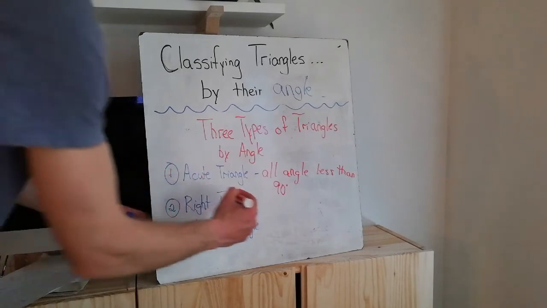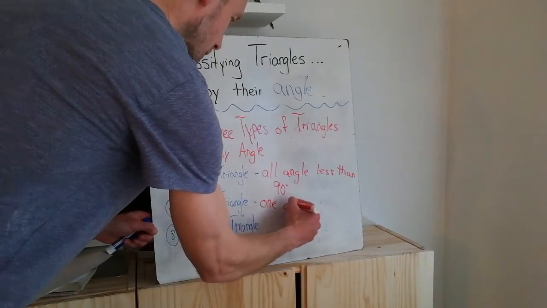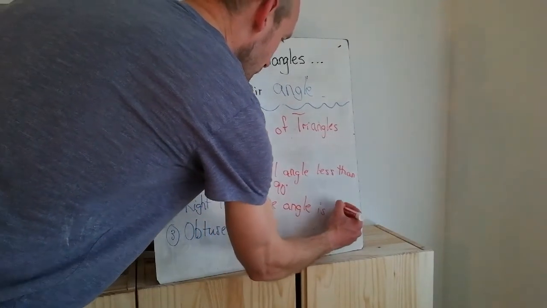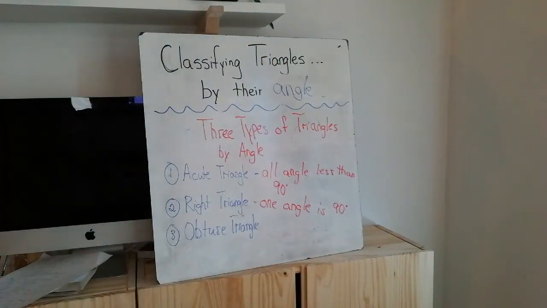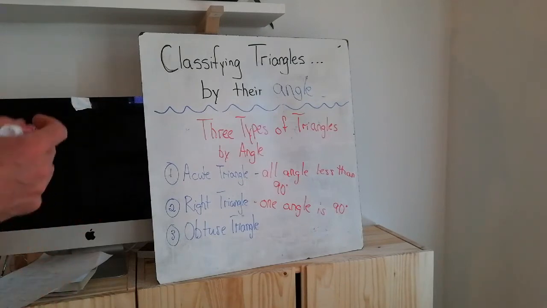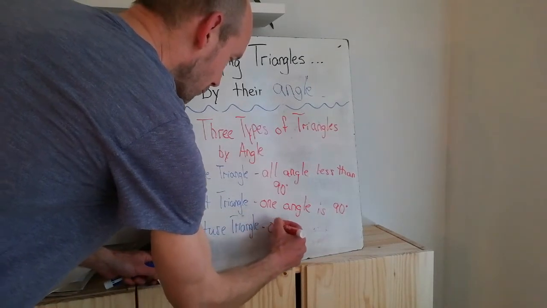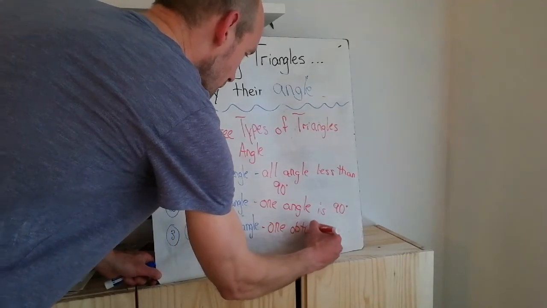Next, a right triangle, one angle is 90 degrees. So only one of the angles has to be a 90-degree angle. That makes it a right triangle, or sometimes people call it a right angle triangle. And then an obtuse triangle is a triangle that has one obtuse angle.